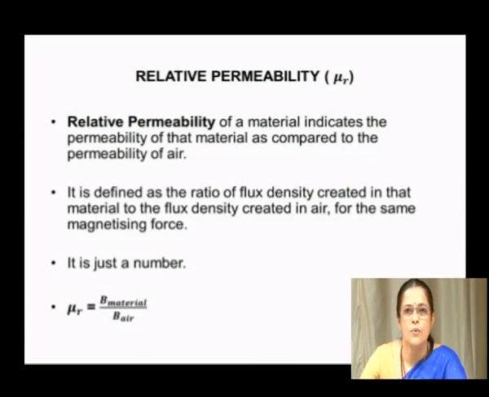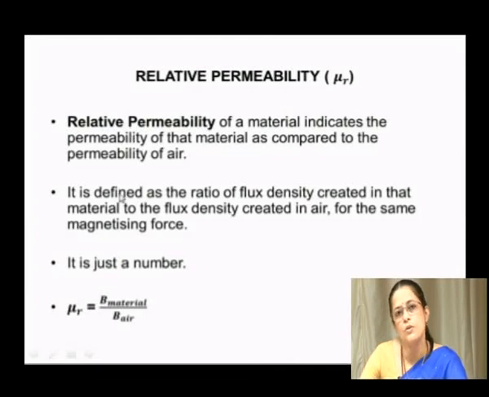Likewise, whenever we use the term relative, it indicates the permeability of whichever magnetic material we are considering, as compared to the permeability of air. So, of the material with respect to air, that is known as relative permeability.